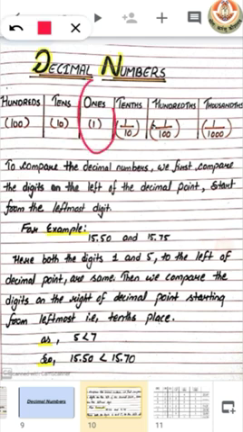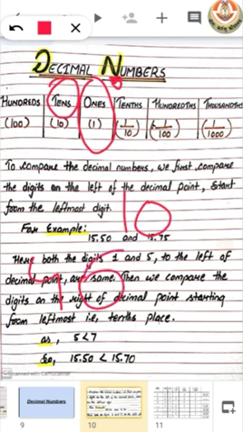After ones we have the decimal, and after the decimal the very first place is called tenths. Tenths means 1 upon 10. As we know, for tens it is 10, so if there is a number 40 or 46, we can say that the place value of 4 is 40.